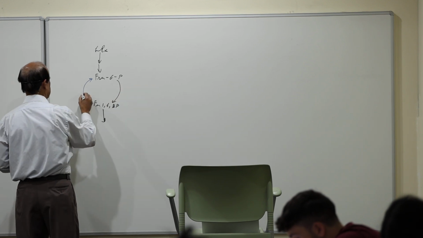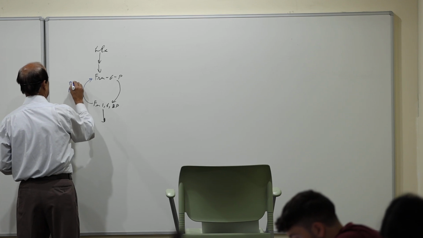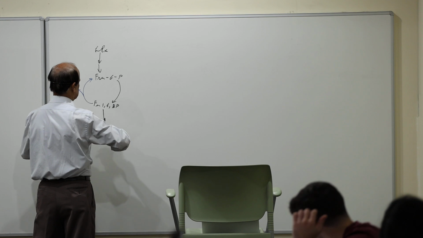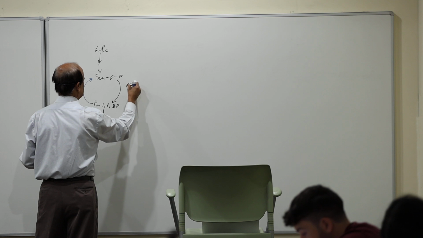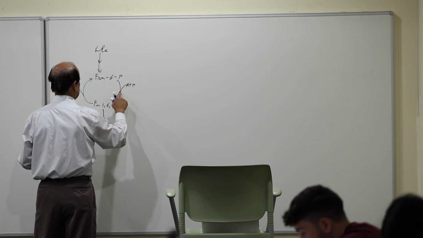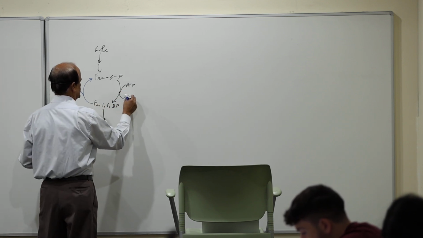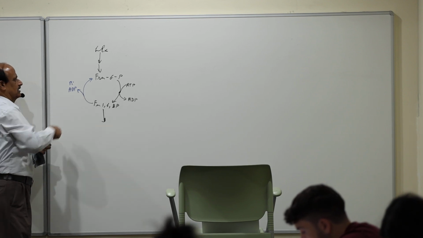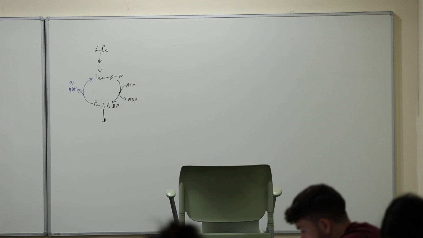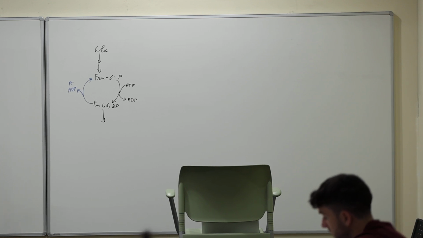So ATP will be released as ADP and phosphate, and in this direction you need an ATP. So this is your investment of ATP that you made in glycolysis. In the reverse direction, you are hydrolyzing that. So this is a committed step. So this is the point where it will be regulated.